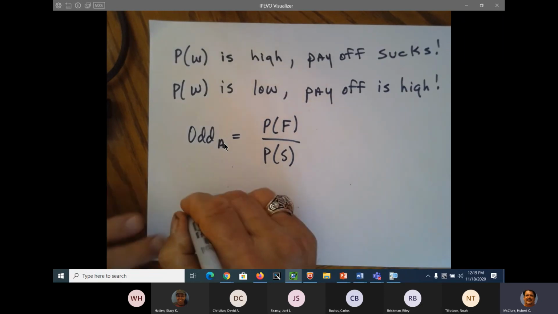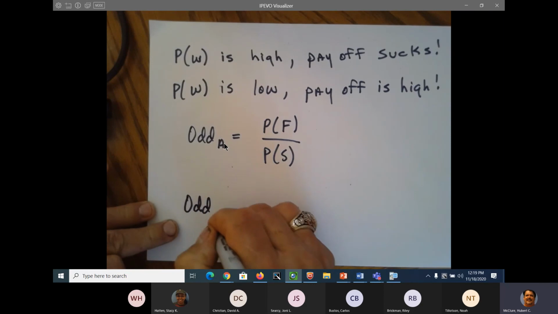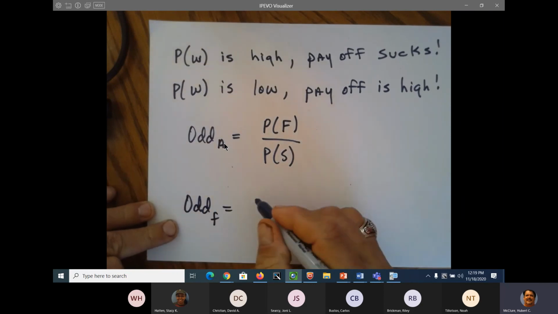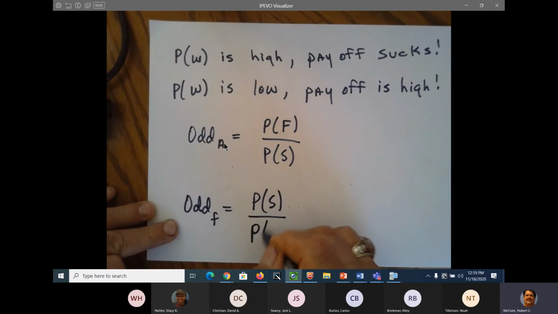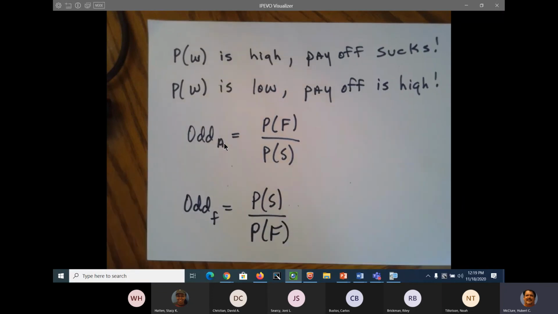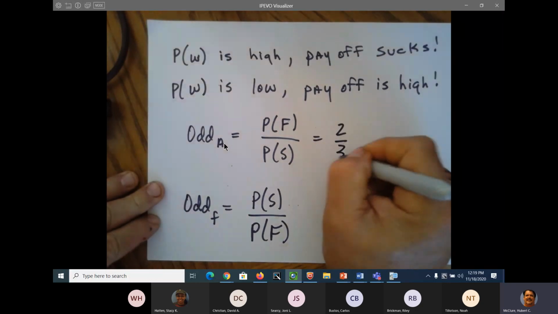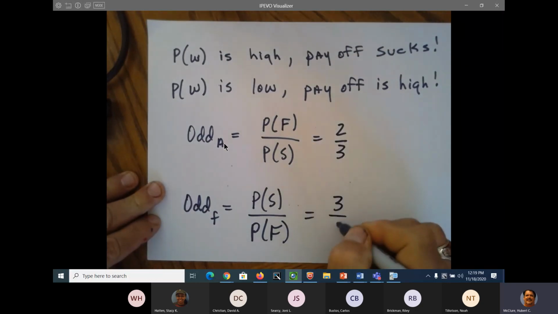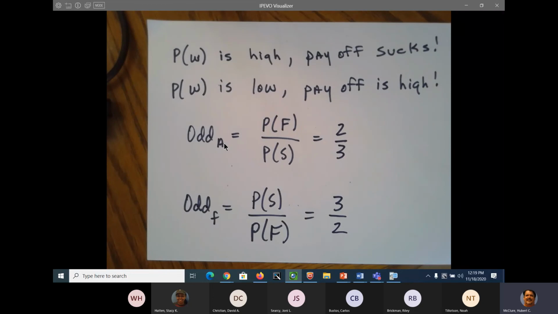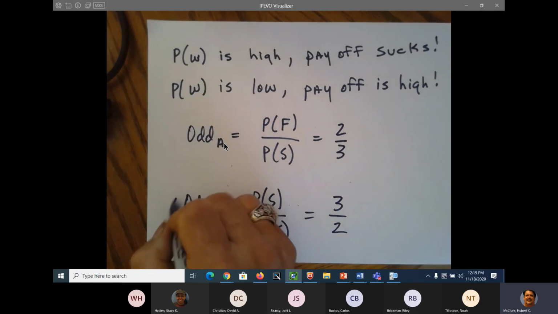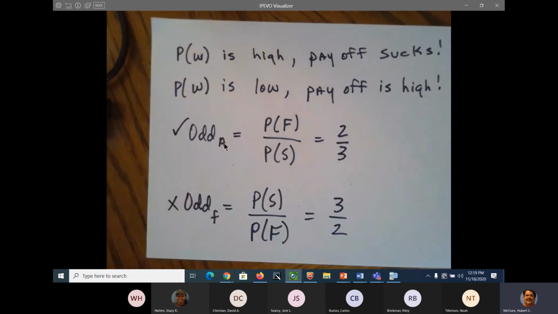Odds in favor, which is hardly ever asked, except on a test maybe, is the probability of success over the probability of failure. It's just the reciprocal. So if you get 2/3, then this will be 3/2. And I don't usually ask this. I usually ask the odds against.